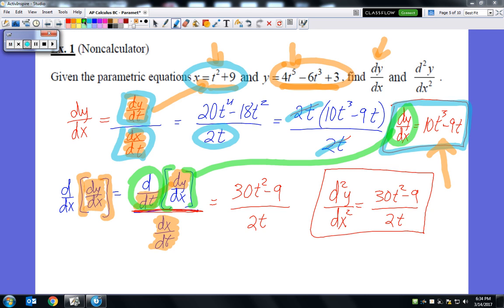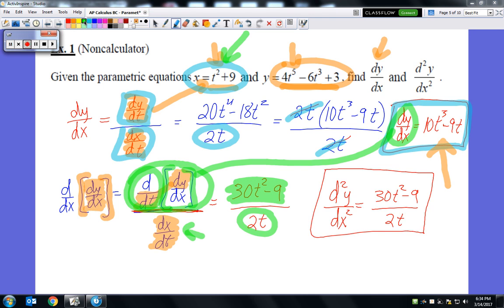So this 10t^3 minus 9t, when I differentiate it, there's that top portion, basically the derivative with respect to time of what we got for the first derivative. But we need to make sure we remember that this is going to be over dx/dt. That means my original parametric I'm going to differentiate, and I get that 2t piece.